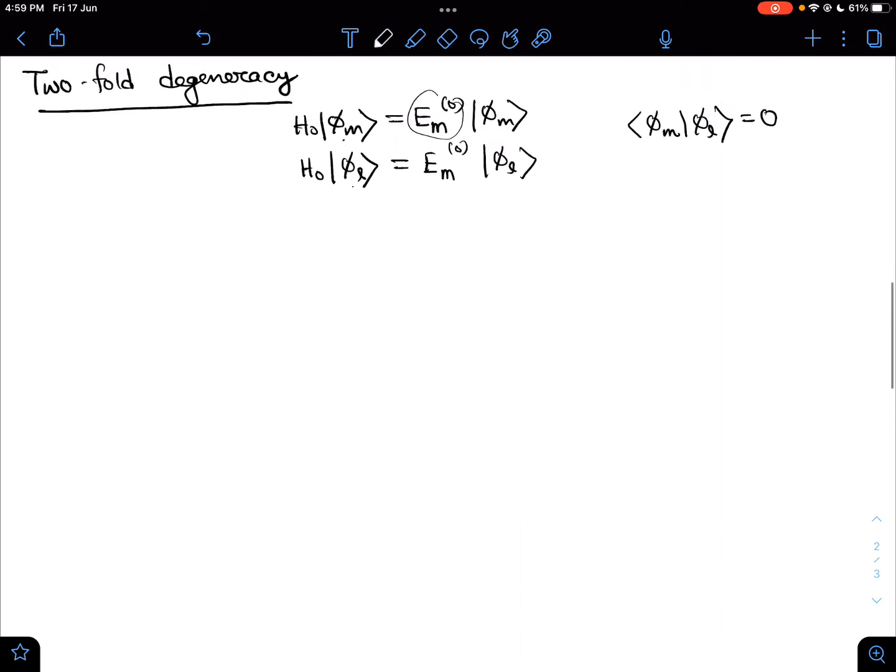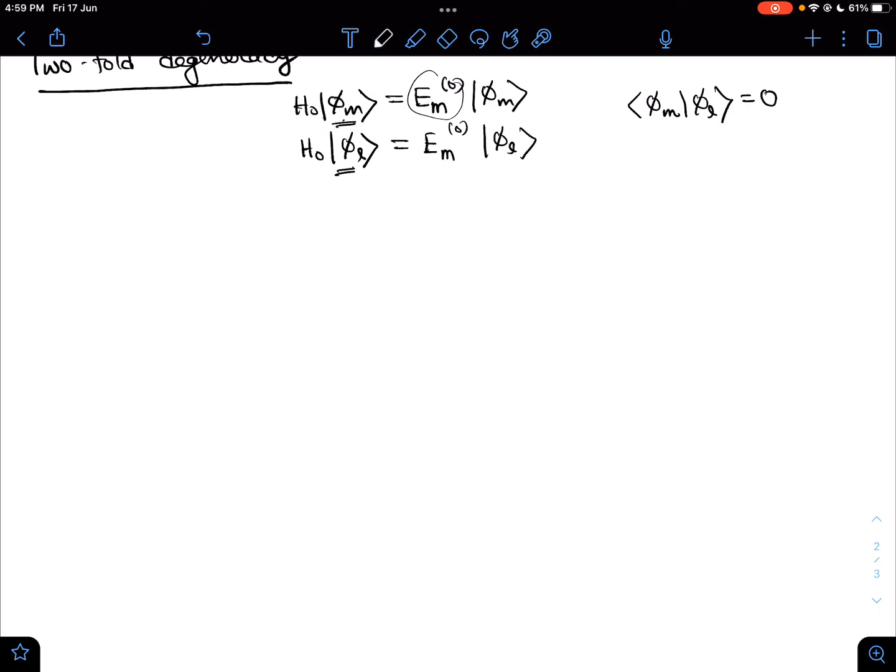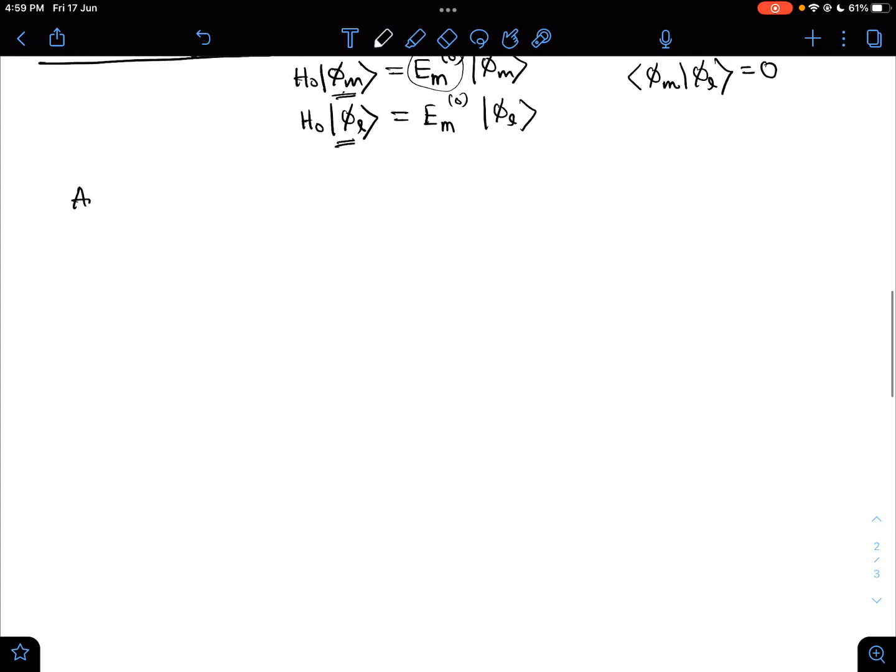Since phi m and phi l are eigenstates of H0, any linear combination of them will also be an eigenstate of H0.